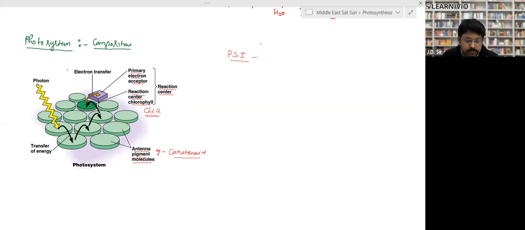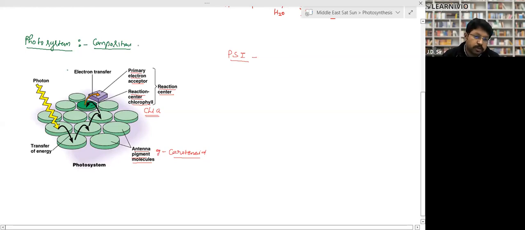Each photosystem contains 200 to 400 pigment molecules.